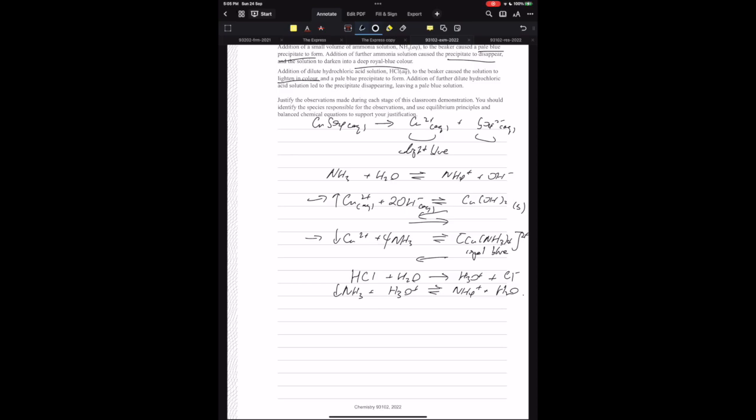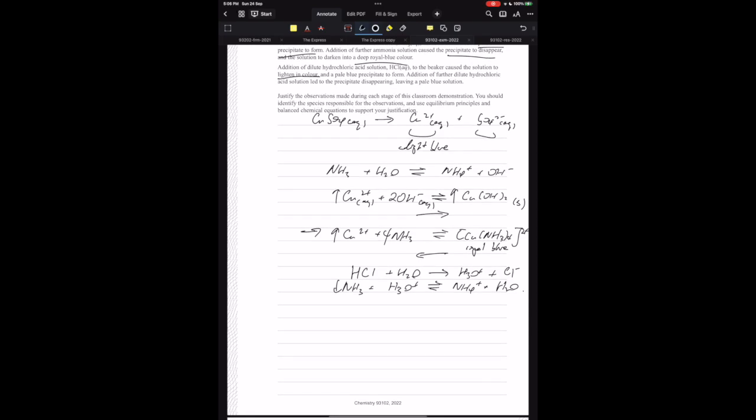The NH3 is gained by this equilibrium, and at the same time copper 2 plus is also gained because this equilibrium here has shifted backwards. And because that copper 2 plus ion concentration has increased, this first equilibrium over here is shifted forwards. And so the amount of copper hydroxide increases.